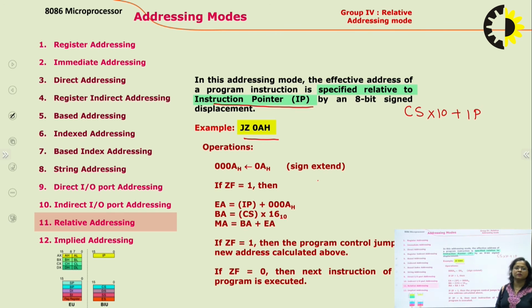So the effective address is 0A. If we write in 16-bit, it is 000A. So if zero flag is 1, then the effective address will be CS into 10 plus 000A, and the program control jumps to the calculated address. Otherwise, if zero flag is 0, then the next instruction will be fetched. So the relative address of instruction is specified using code segment and IP registers. Basically, it specifies the next address wherein the program will jump.